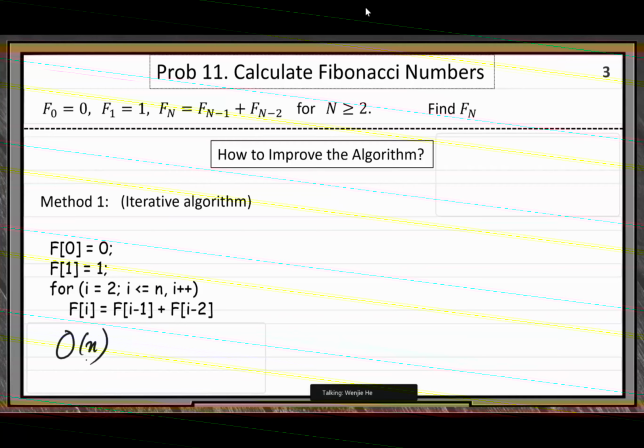People call it a linear algorithm. And the old one, the very slow one, is big O of theta to the nth, much slower. You can see the huge difference.